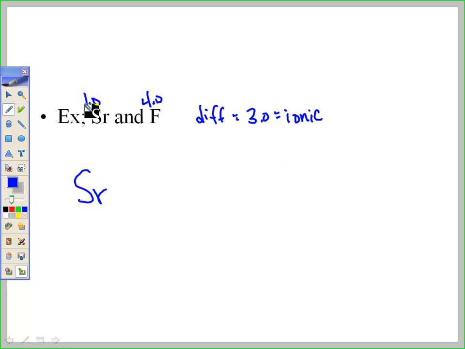Strontium is quite a weenie in electronegativity, and it has 2 valence electrons. Fluorine is a stud and has 7. And because fluorine is a stud, it's going to rip away a valence electron. But here's the thing, it's not going to rip both valence electrons because it only needs one more to be perfect.